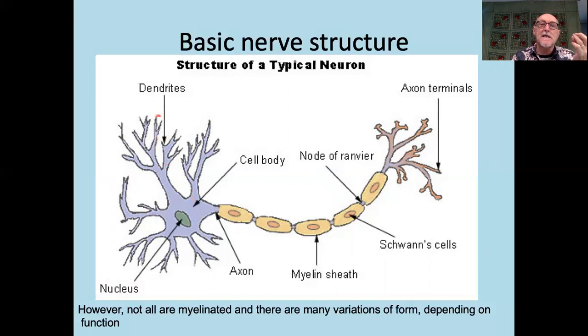If that is the case, then these dendrites will respond electrically to pressure. If you press on them, they're going to start to produce a nerve impulse. If they do produce a nerve impulse, that nerve impulse is going to run down this part of the cell here. And this is called the nerve axon.